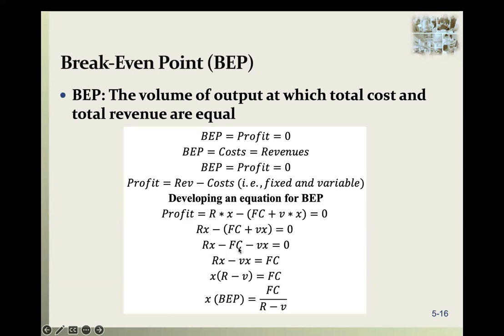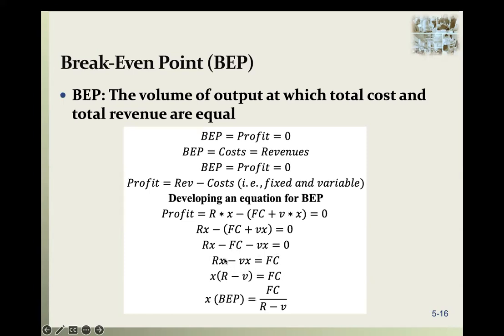And then how do we solve it further? You can add plus FC, fixed cost, here, and also add plus fixed cost on the other side, and they will cancel. And when you do it, you will get this equation for break-even.